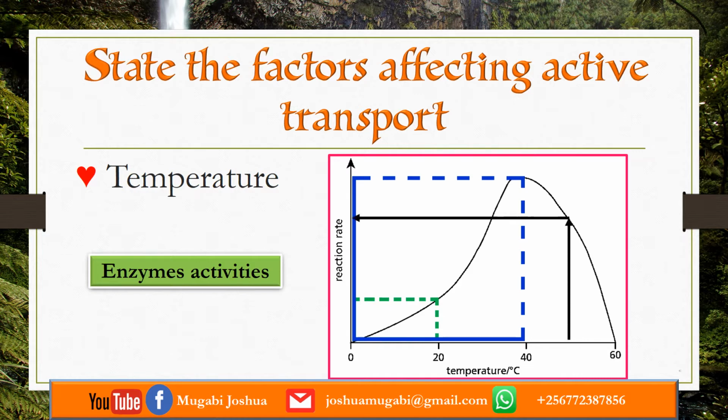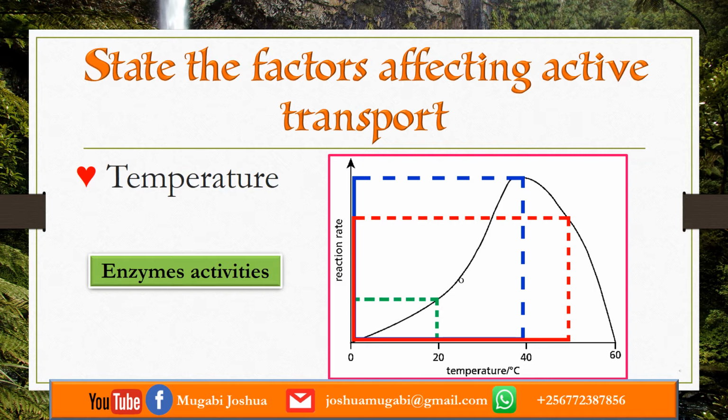What is happening here is that as we increase the temperature from 40 to 50 degrees Celsius, the rate of reaction is decreasing. What is happening is that now the higher temperature is denaturing the enzyme.